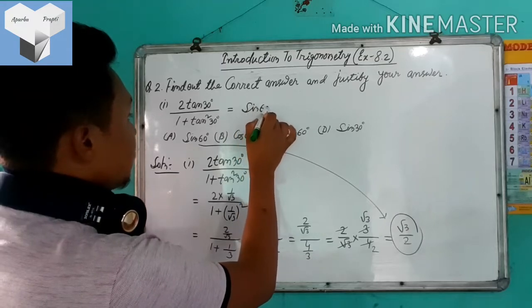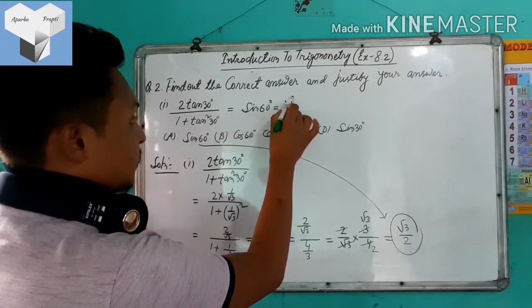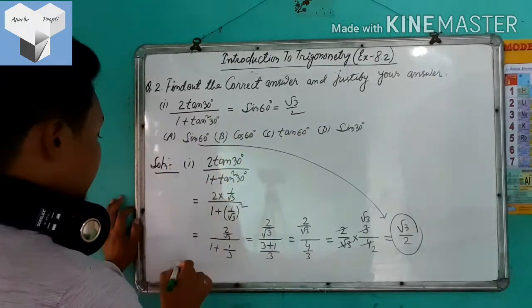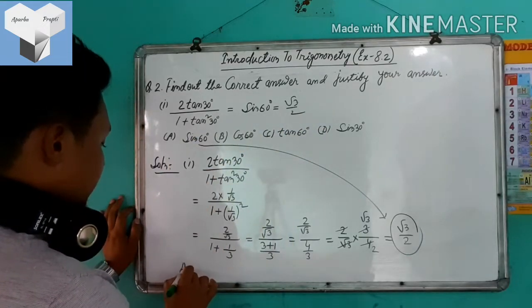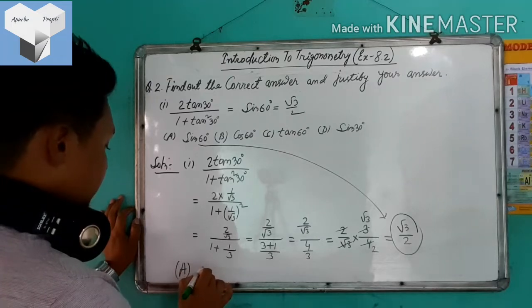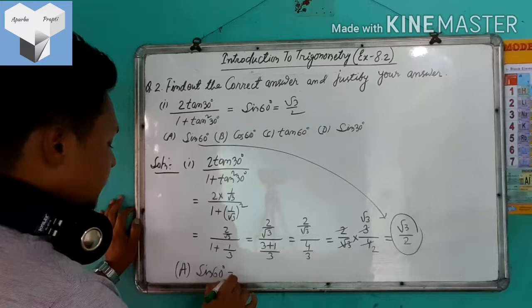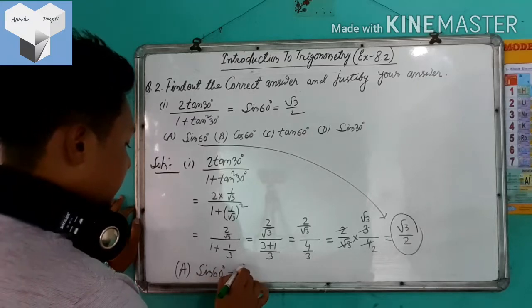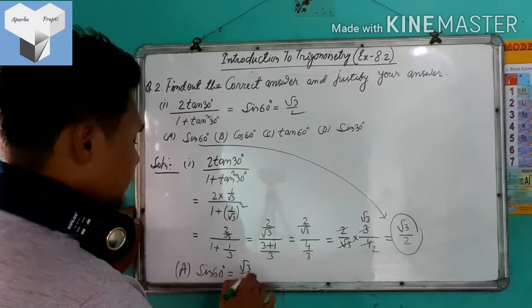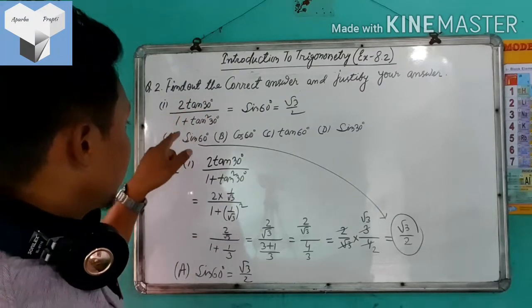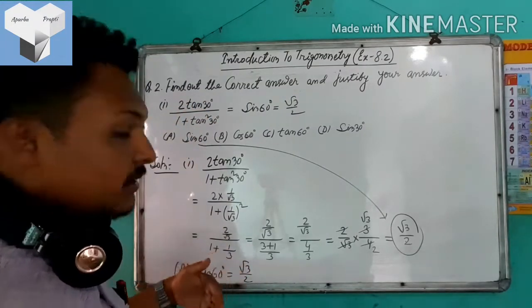This is equal to sin 60 degree, which is root over 3 by 2. So our required answer will be A, that is sin 60 degree, because the value of sin 60 degree is root 3 by 2, which is the simplified value of twice tan 30 degree divided by 1 plus tan square 30 degree.